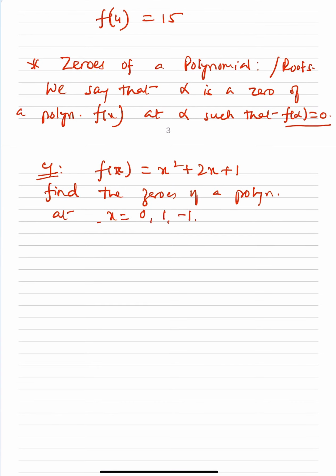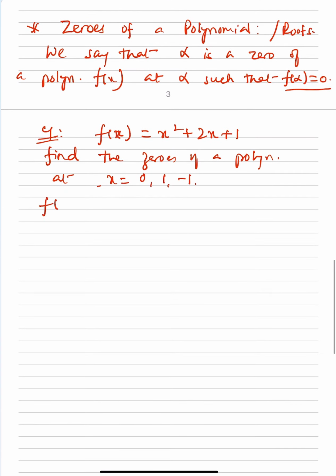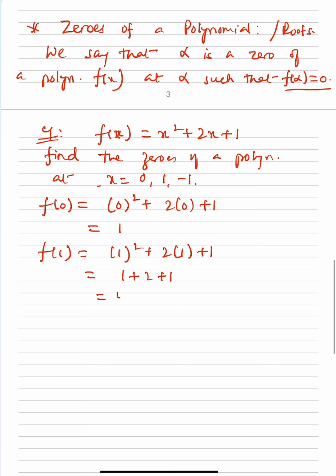You need to tell me which is the zero of a polynomial. Suppose I say f of 0, then 0 square plus 2 into 0 plus 1, this is nothing but 1. Suppose I say 1, then 1 whole square plus 2 into 1 plus 1, which is equal to 1 plus 2 plus 1, which is equal to 4.